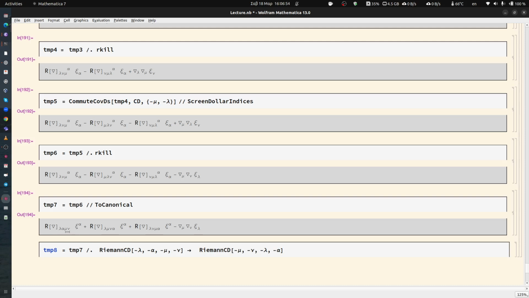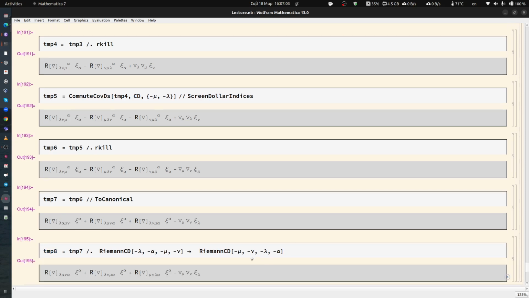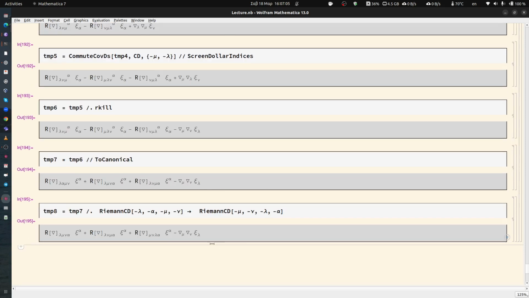So that will exchange the pairs of indices of the first Riemann tensor here. So here is the term here, mu nu lambda alpha.